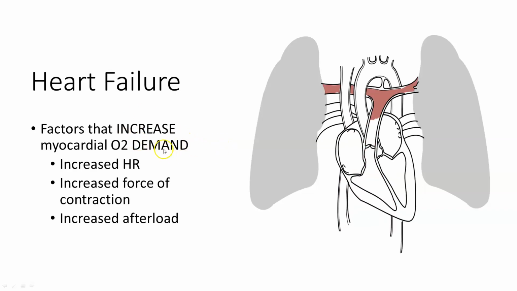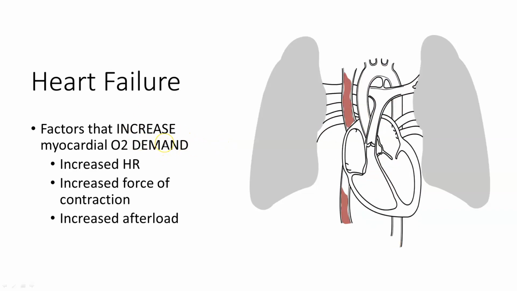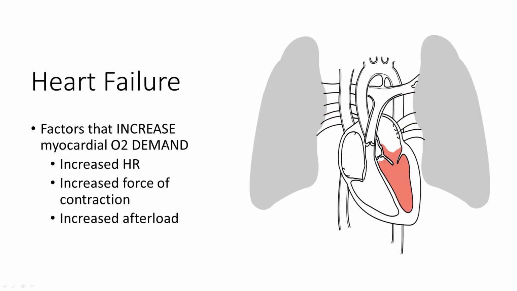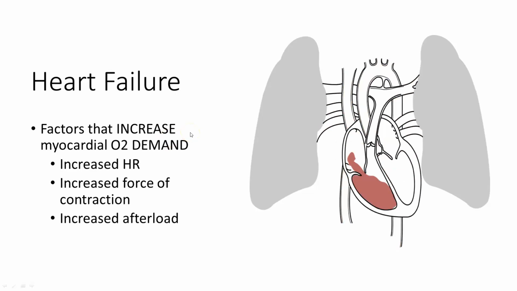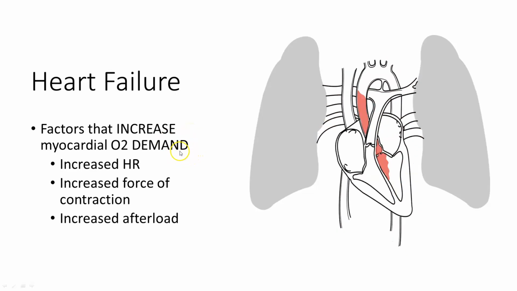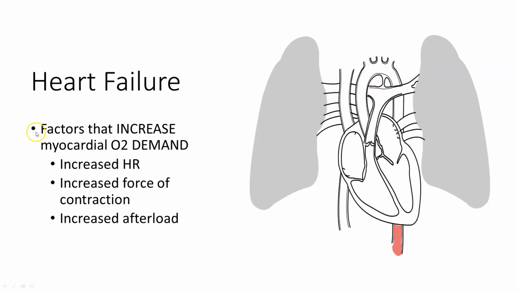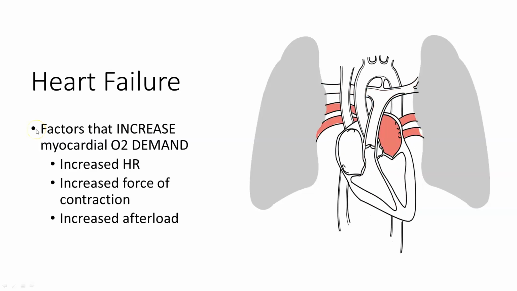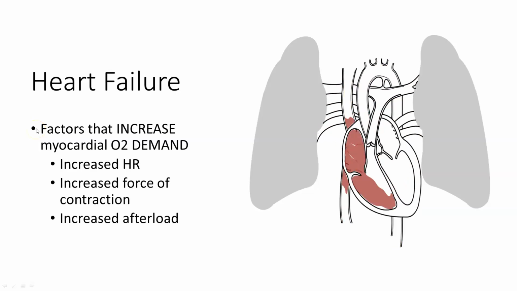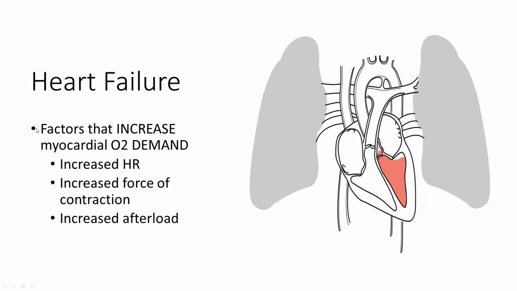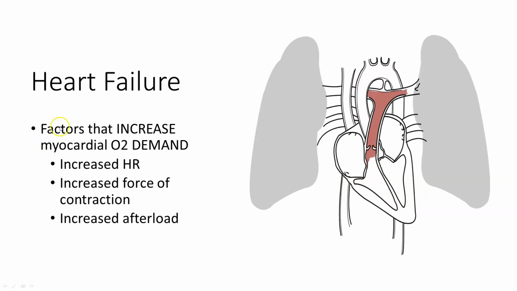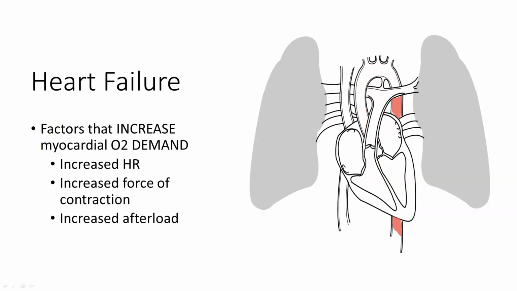We can do things like clustering care, making sure that the clients are using a bedpan, and that they're not getting up and walking long distances until we get them more stable. That will help decrease the amount of oxygen that they need. But the best thing that we can do is give them supplemental oxygen, because it may take us a while to fix that pump.